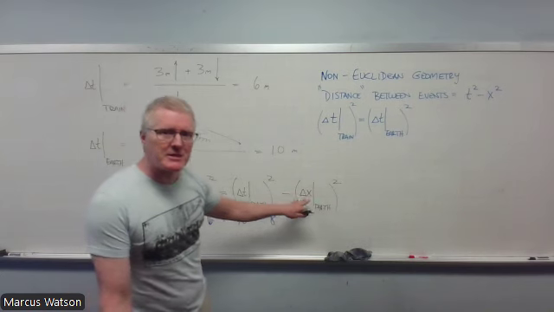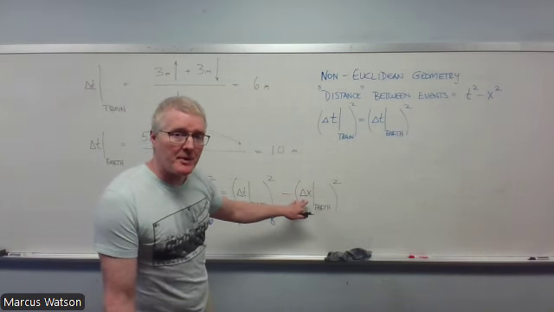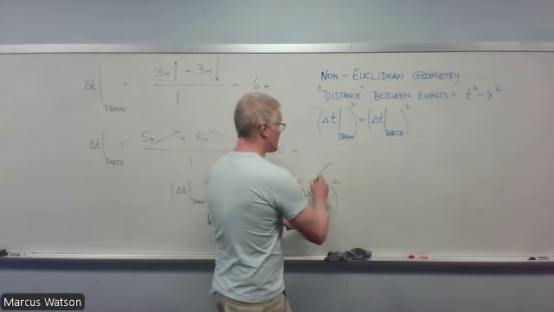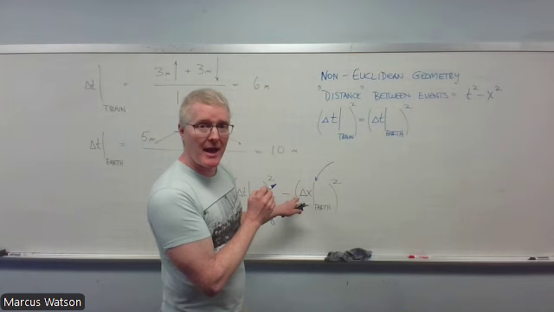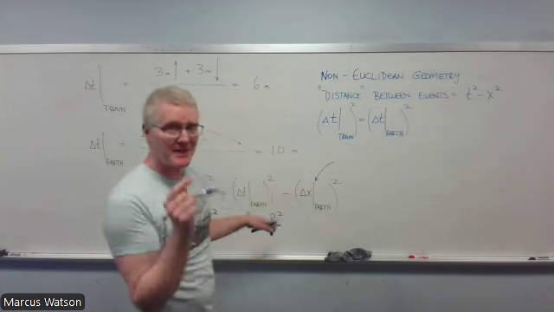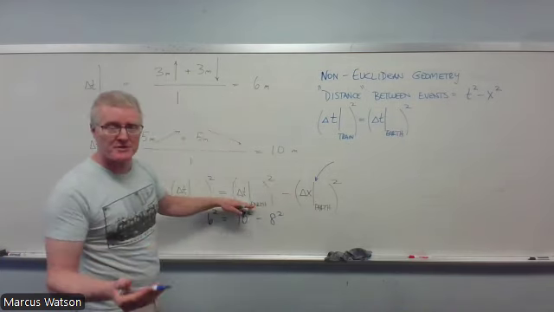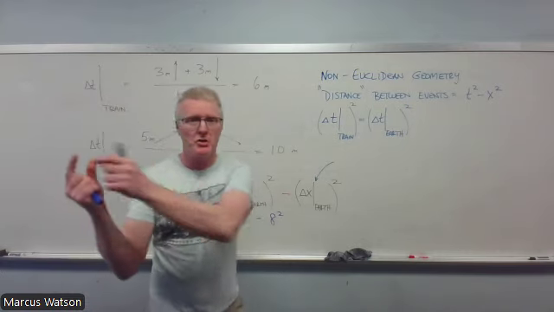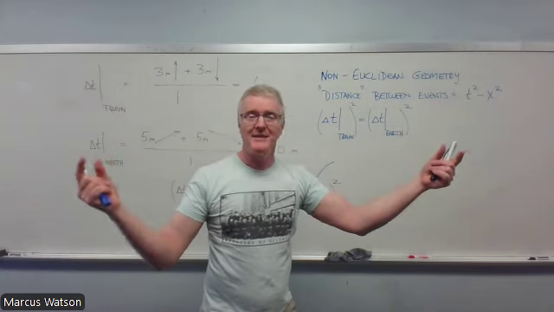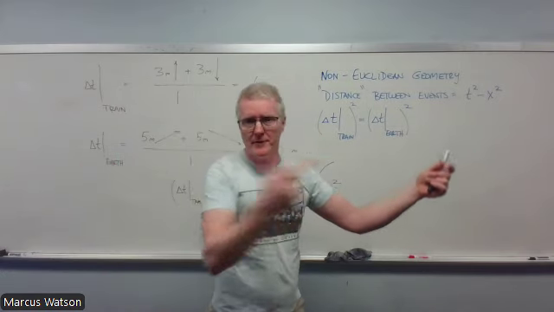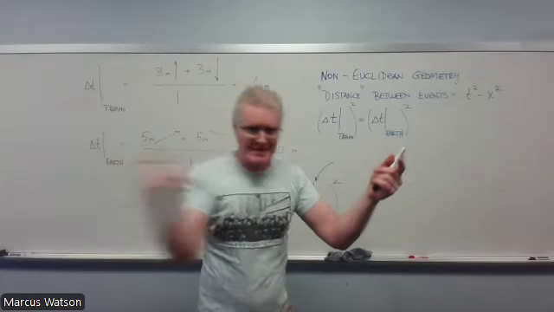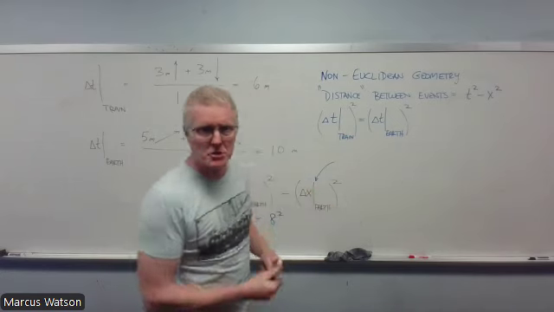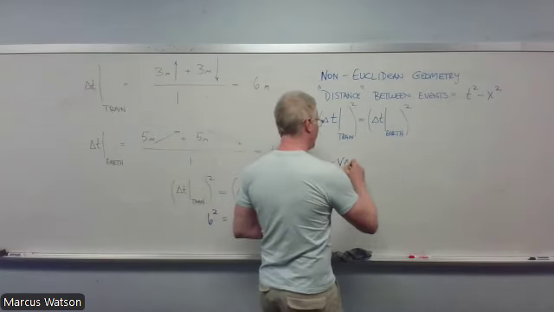And I think about the distance that the train traveled in that amount of time, as seen by an Earth observer, would it not be true that it should be just the velocity of the train multiplied by the difference in the time? The distance the train traveled between the emission and the detection, that's a time interval, and the train was moving at a certain speed, so shouldn't the distance just be equal to speed times time? Yeah, it should. This should just be equal to v times delta t Earth.